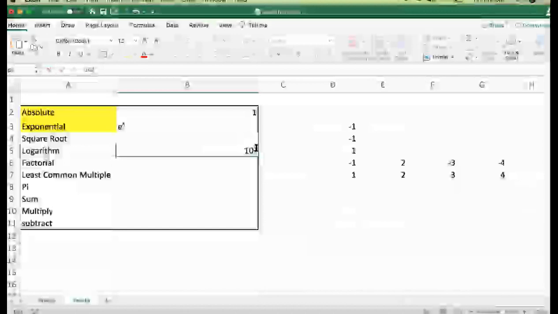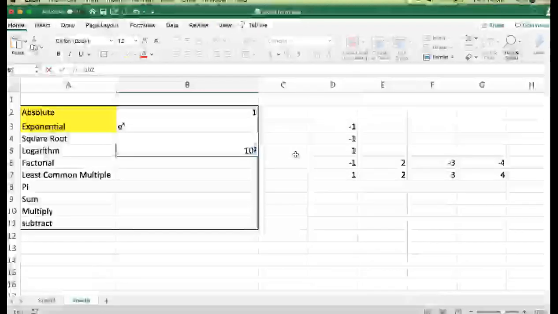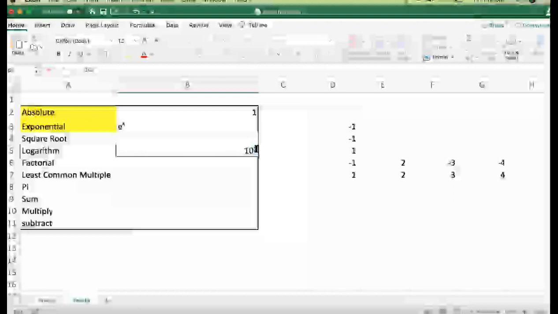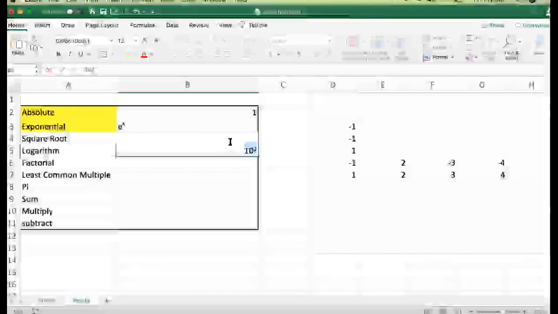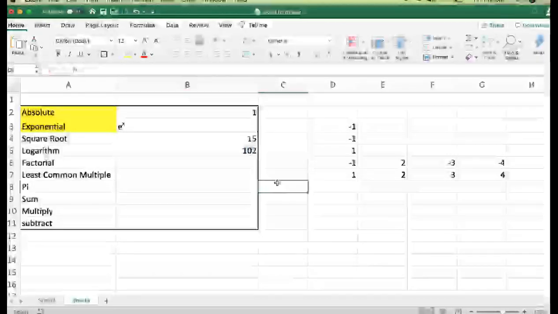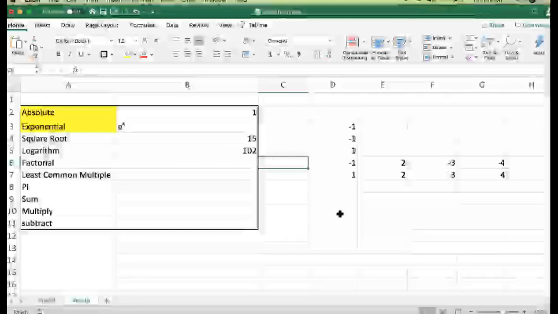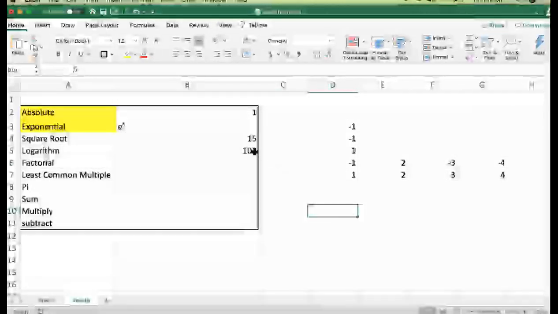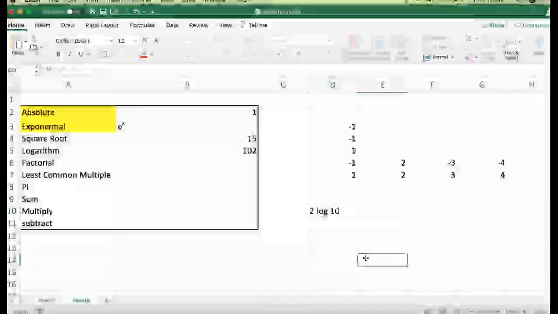Okay, so what we have to do in log, we need two things, one is the number and the other is the power, which is basically the base. So what we write, if you remember, if the power is 2 and the number is 10, we can write 2 log 10, right?